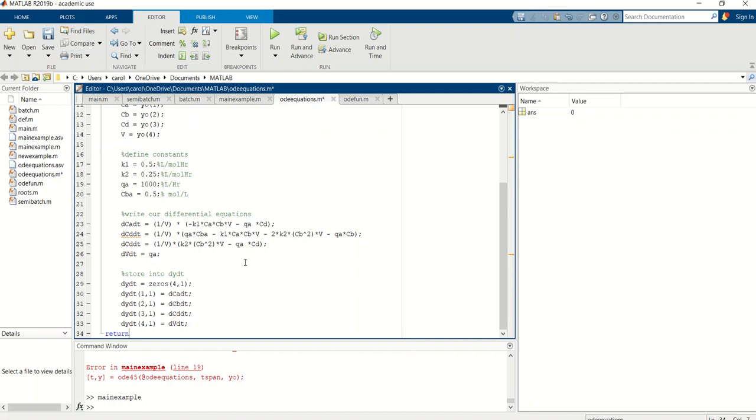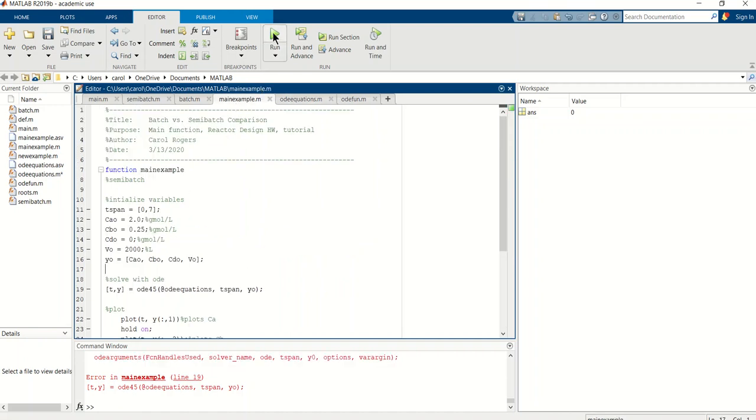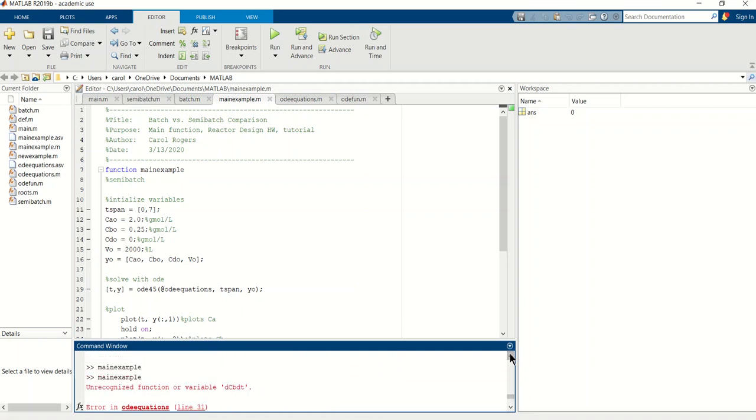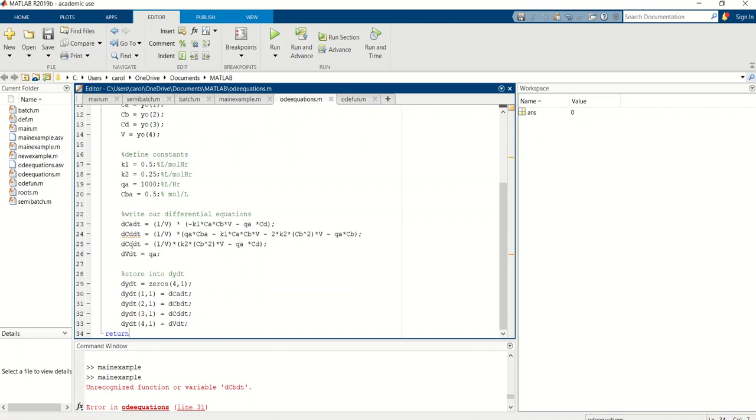So now when we run our code, dCB dt, and that's because we never changed this one to match our... right.